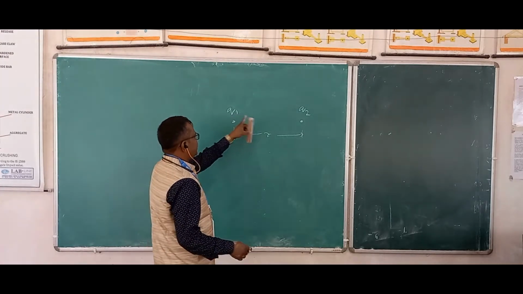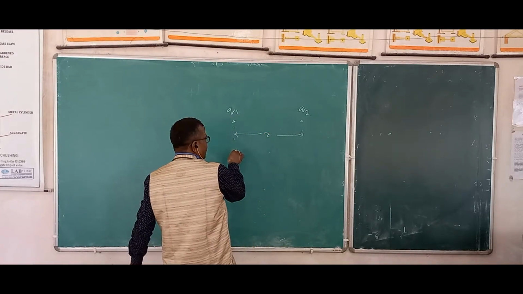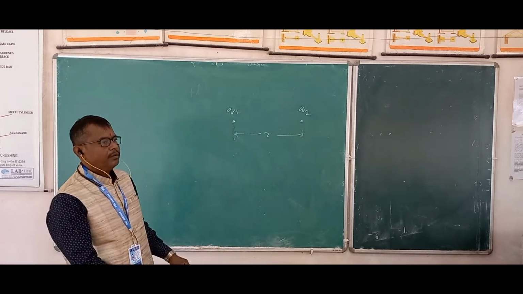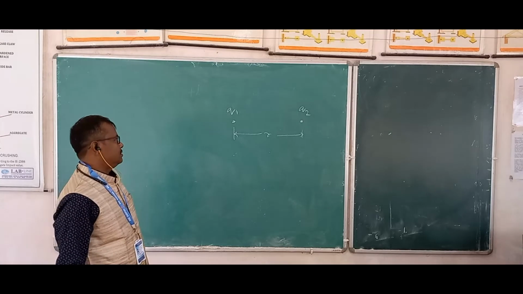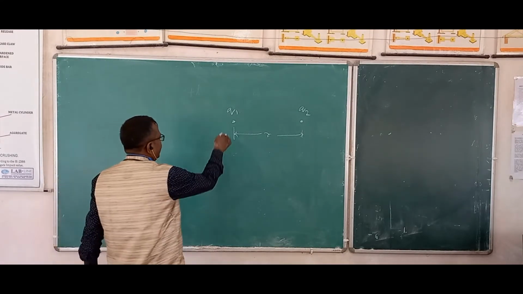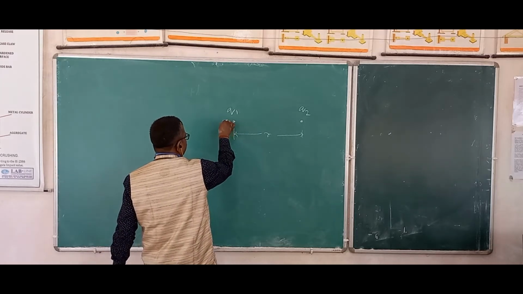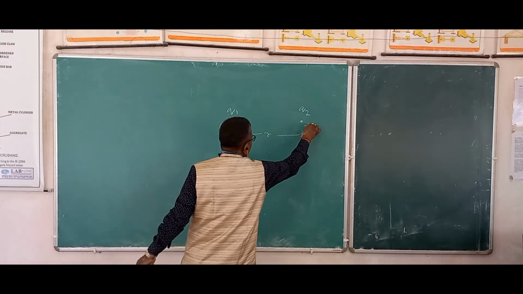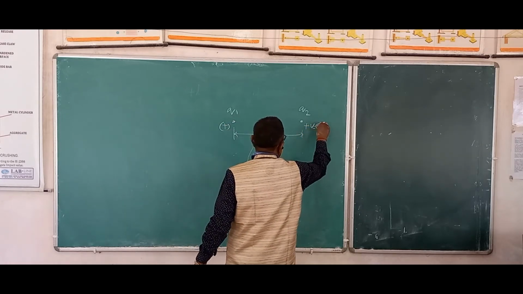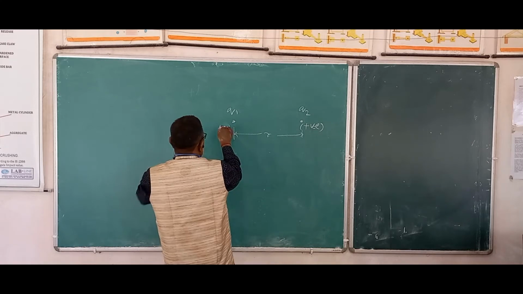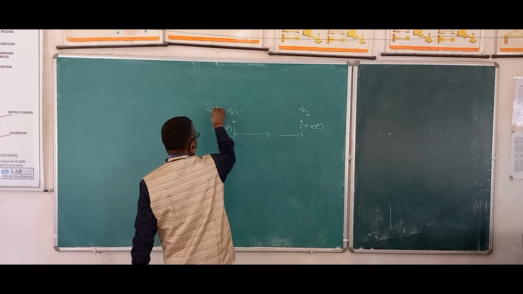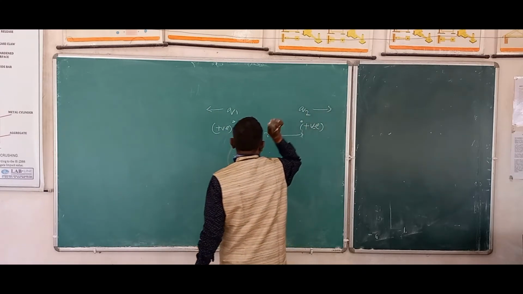If one is positive and another is negative, then there will be force of attraction. Now, if these two charges are positive in nature, then there will be force of repulsion.